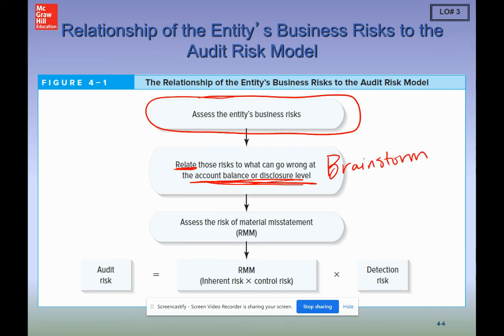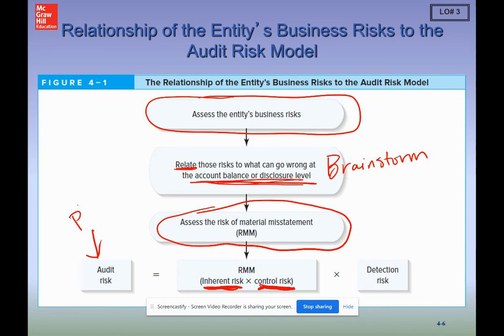Once we do that brainstorming, then we're going to assess the risk of material misstatement, which we break down into inherent risk and control risk, and we plug that into this audit model. Remember, the audit risk is planned beforehand, and we will set detection risk.